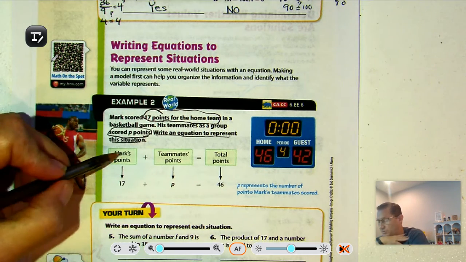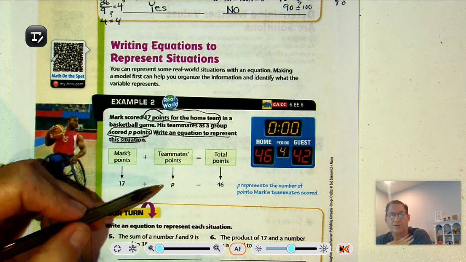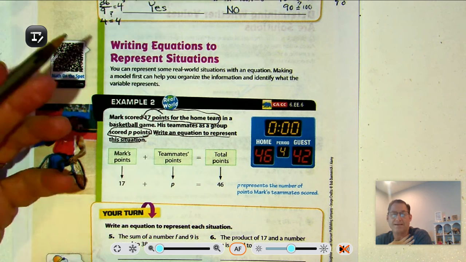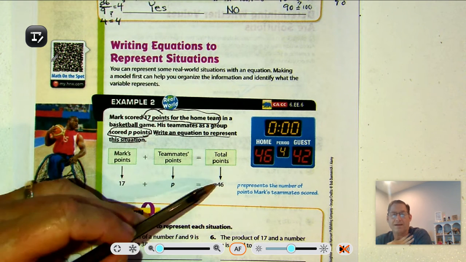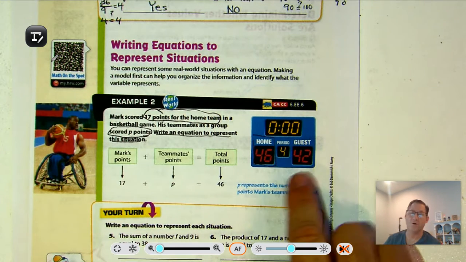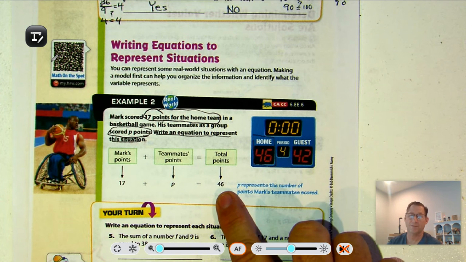So 17, we know. We're not sure what the teammates' points are, so that's going to be our unknown. That's going to be our variable, and they wanted us to use P as the variable. And our total points, I can get that from right here. So they're on the home team, and so they scored a total of 46 points.